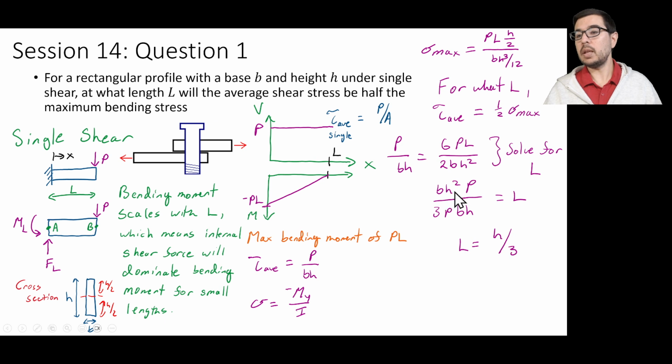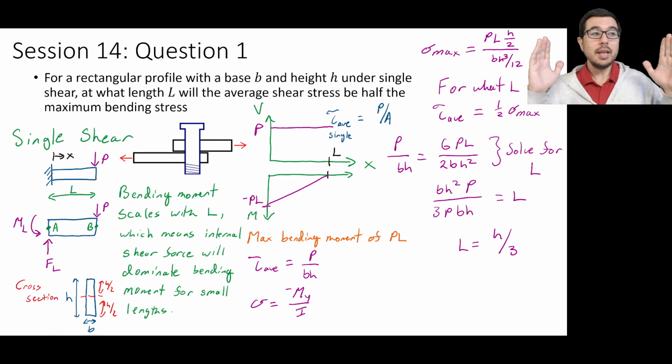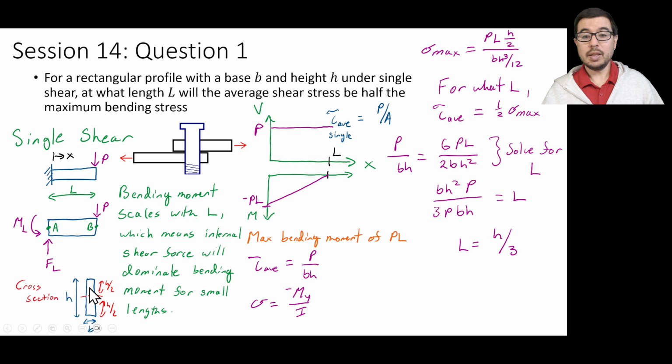So the h's knock out, the P's cancel, the b's cancel. And so what this means is that if the length of the beam is greater than h over 3, that's not very much, the bending stress is going to dominate.